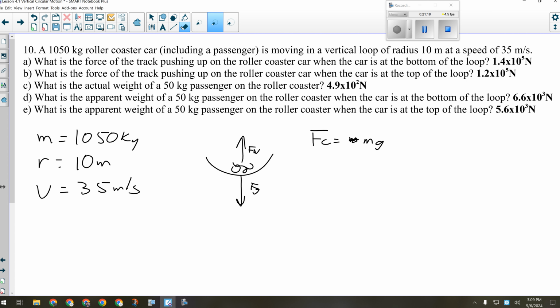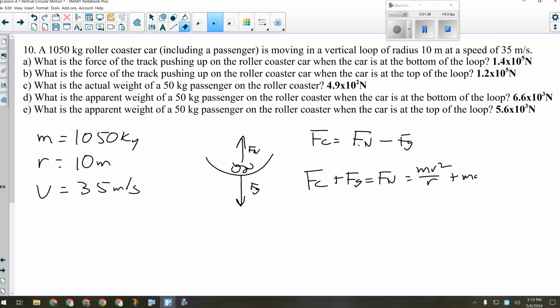Hang on. It's going to be normal force acting in minus the force of gravity acting out, and we're trying to solve for normal force. So all we do in this situation is go Fc plus Fg equals Fn. So we'll have our mv squared over r, plus m times g.